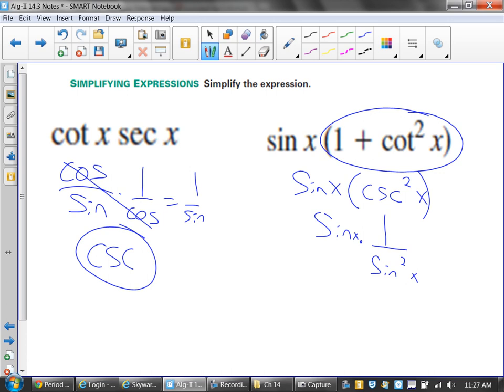Again, at this point in time, sine over sine squared becomes what? 1 over sine, which is cosecant. There's your answer. What we're doing here is we're simplifying it down, trying to get it to no fractions, no nothing. What's the smallest way we can write this out?